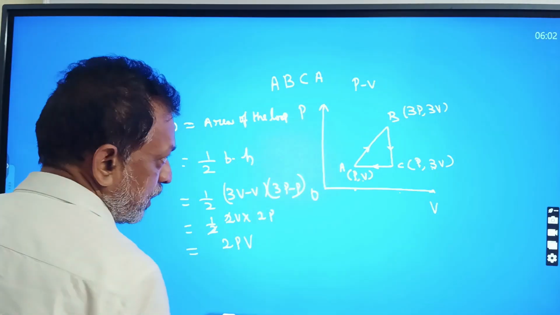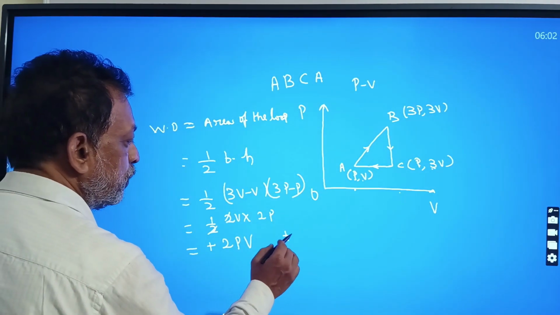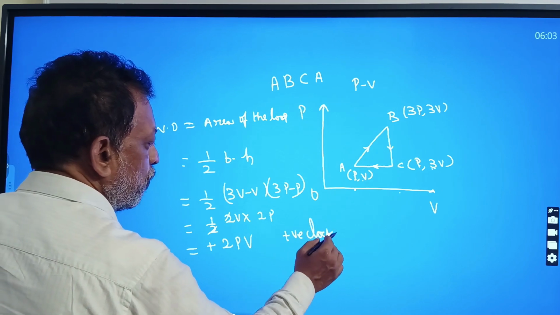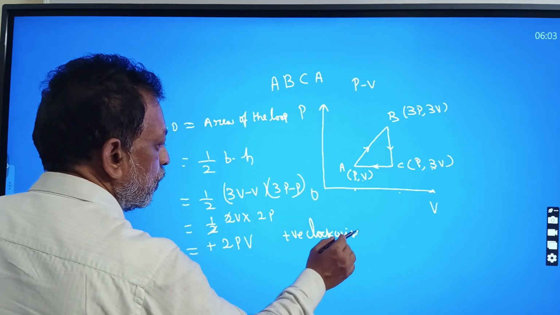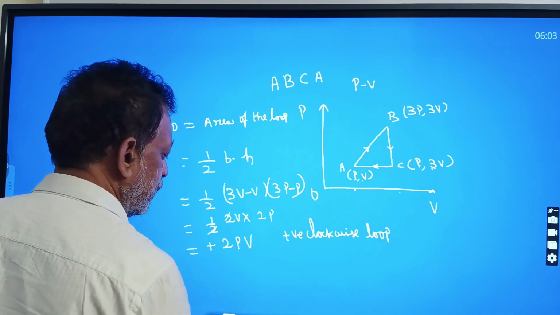It is positive because of the clockwise loop. Positive for a clockwise loop, negative for an anti-clockwise loop. That's all.